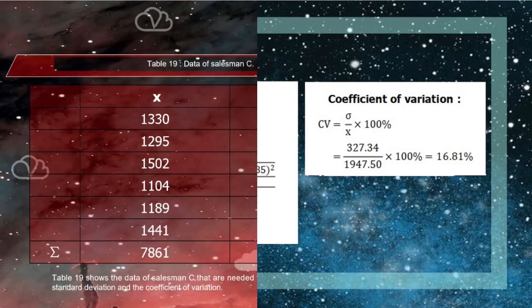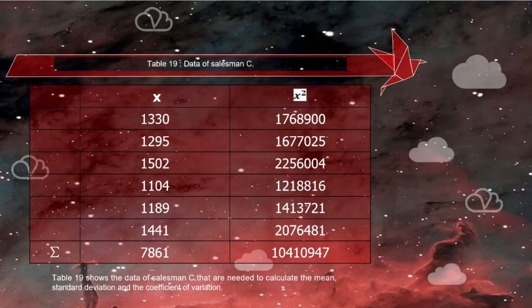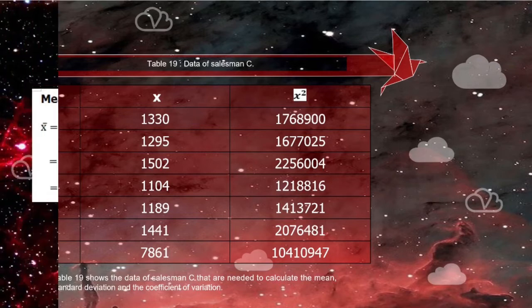16.81%. For my part, I will explain the data of salesman C and its calculation to find the mean, standard deviation, and coefficient of variation. From the table, the total amount of data is 7,861. Then each data is squared and summed up to find the total of x squared.